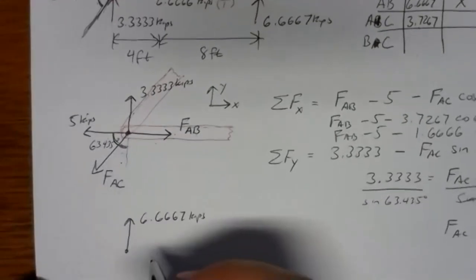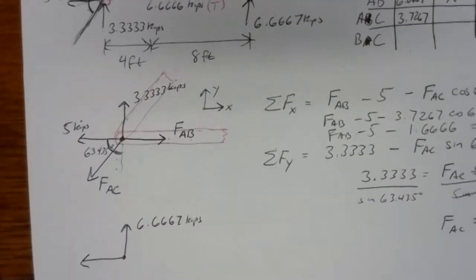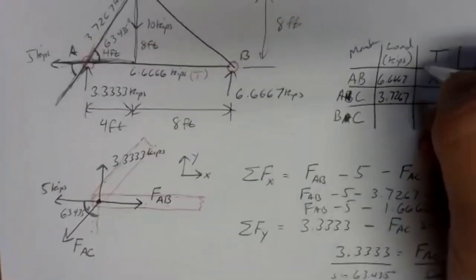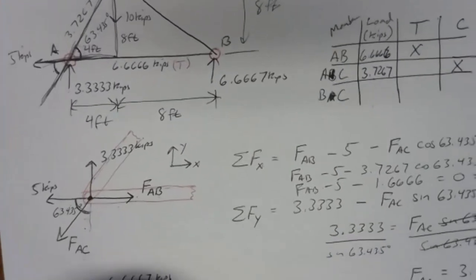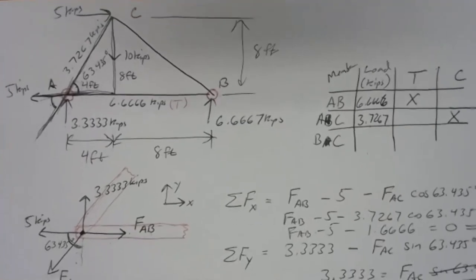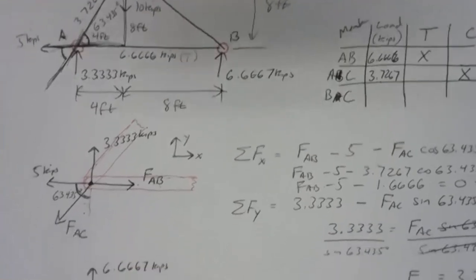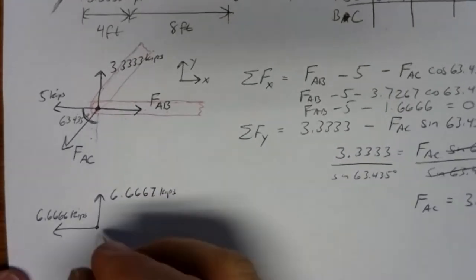So down here in our free body diagram, we don't have to label it as FAB. We can put a number on it. We know what it is already. Member AB is 6.6666 kips. A little bit of round off error there. And then we've got member BC. Now, member BC, we don't know anything about. So we're going to have to take a guess. And if you look at your free body diagram, there's really only one reasonable guess.